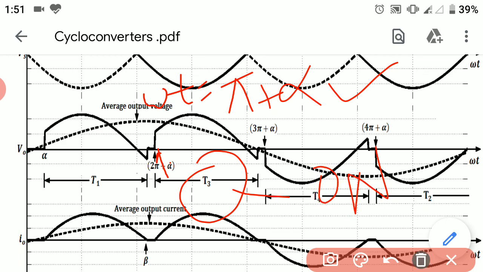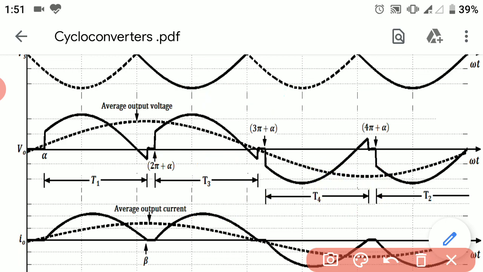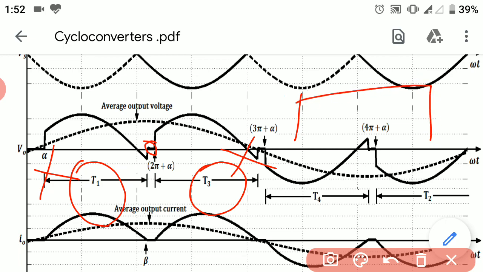So there is an instant during which neither thyristor T1 is conducting nor thyristor T3 is conducting. So the current through the load, which is our RL load, is 0.